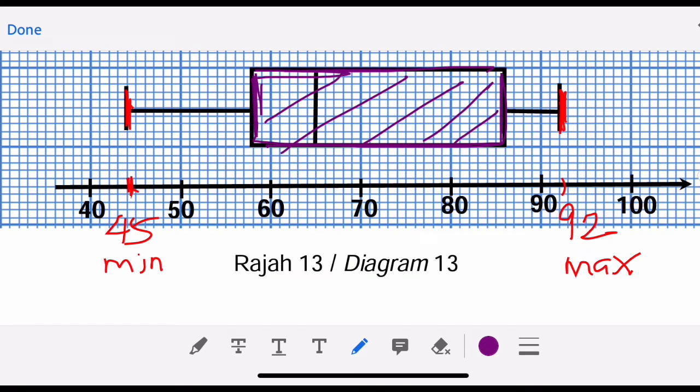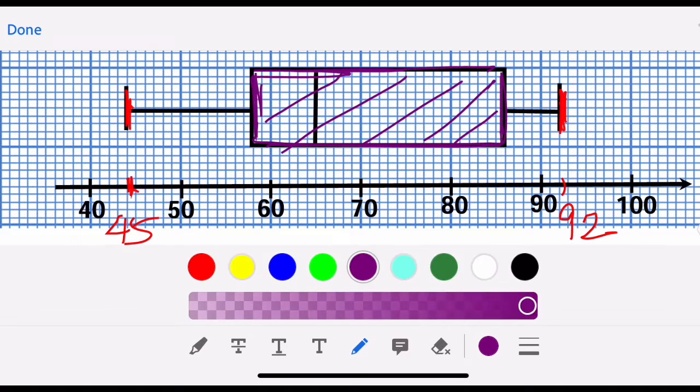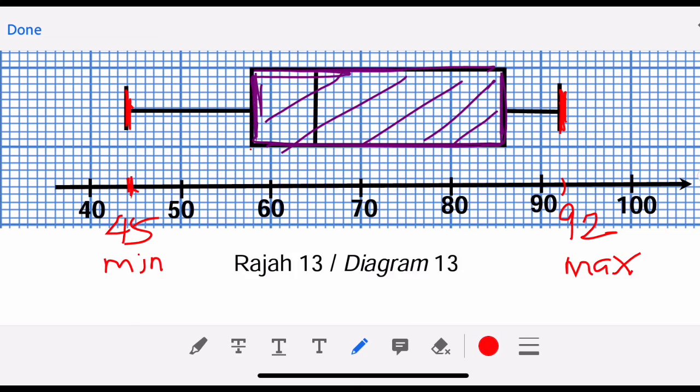So inside the box, we have actually a very important line here. This value is called Q1, first quartile. This value is called Q2, the median. This is called the third quartile, right? Q3.